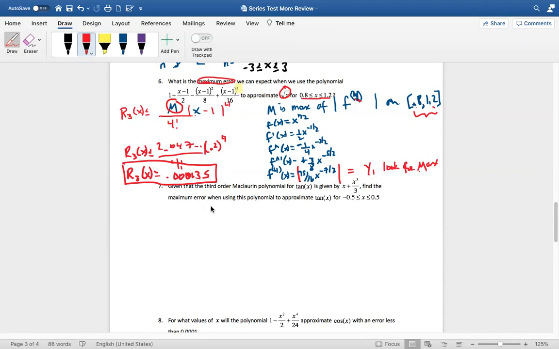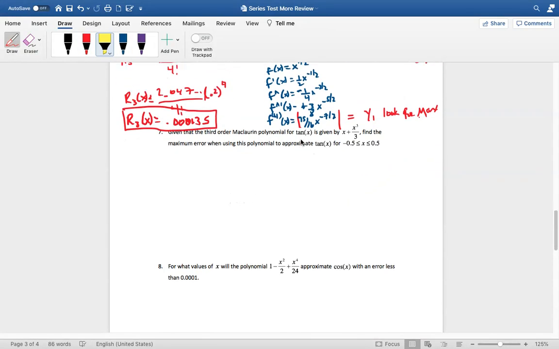So that's going through Lagrange when I have to actually find these derivatives. So I'm not going to go through the next one. I'm just going to set it up for you. It is a third order approximating tangent, right? And they want the maximum error when approximating on this interval.